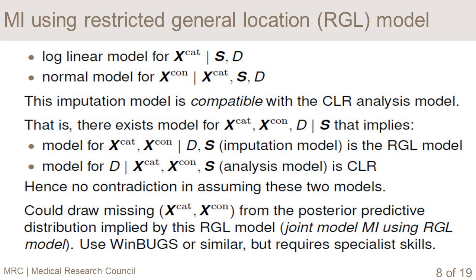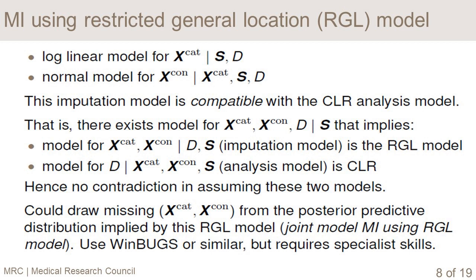So that's the RGL model, and we could draw values for the missing variables from their posterior predictive distribution implied by this RGL model and the observed data. And that was a joint model MI using the RGL model. You could do that.